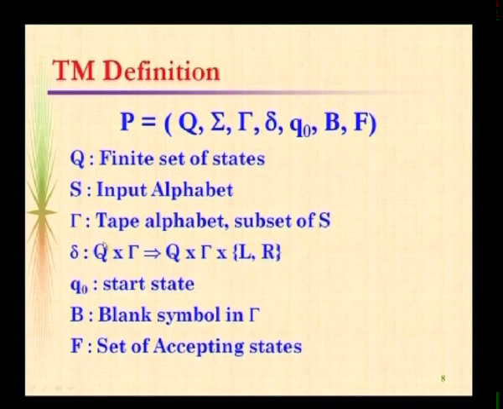So, we give 2 inputs and it produces 3 outputs: the new state, the replacement for the symbol in the tape, and the direction to move after writing onto the tape, whether it should be a left move or a right move. So, this is your transition function, and Q naught is the starting state of your Turing machine.